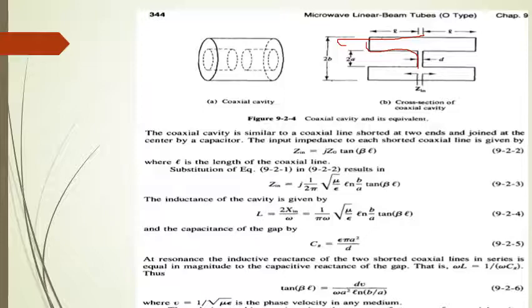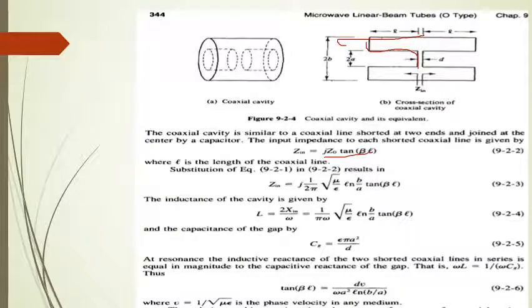Your Zin will be. Now, what type of coaxial wires have you used? Short-circuited coaxial wires. According to the transmission line equation, if you give a short circuit to a transmission line, the formula becomes jZ0 tan beta L. Do you recollect this? I'm using two sets of impedances over here.